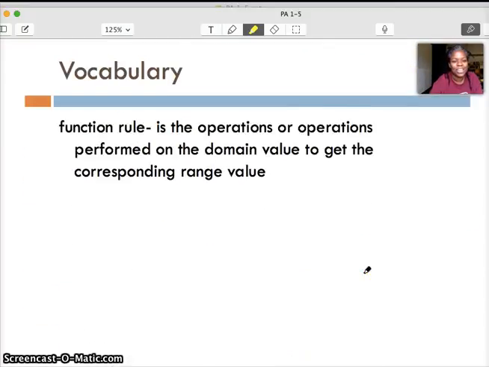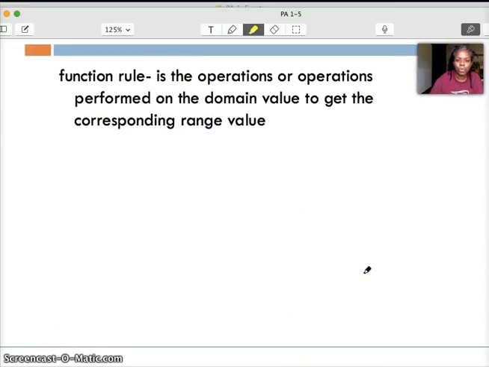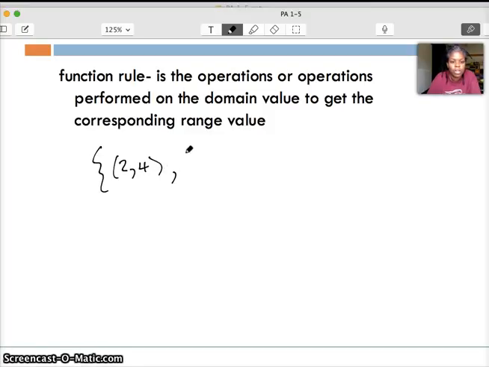So that's function. Function rule. A function rule, our next vocabulary term, refers to having a way to explain the relationship between your domain values and your range values. It is the operation performed with the domain value to get the corresponding range value. So for instance, if I were to give you the following, and it will be a function, watch: 2 is mapped to 4, 3 is mapped to 6, 4 is mapped to 8, and for kicks and giggles 5 is mapped to 10.